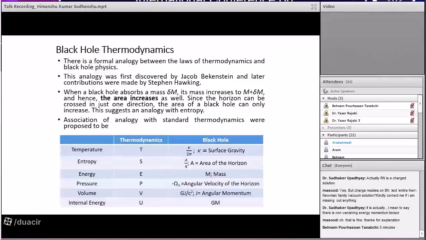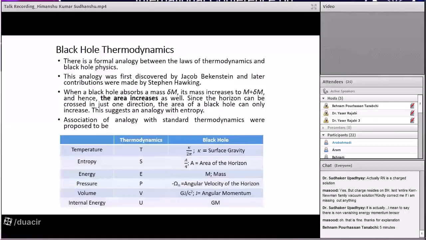This suggests an analogy with the entropy of a thermodynamic system. Later on, an association of standard thermodynamic parameters was proposed for the black hole parameters.